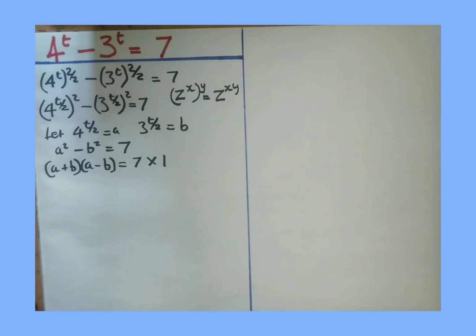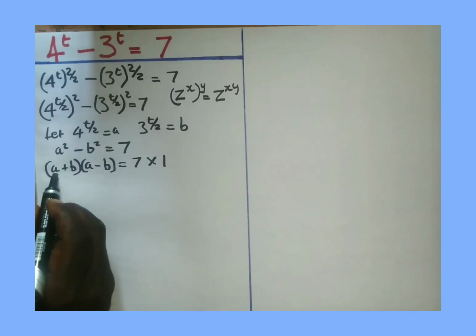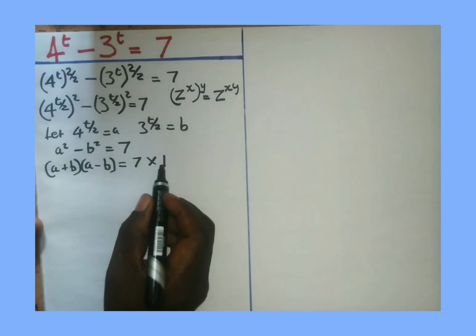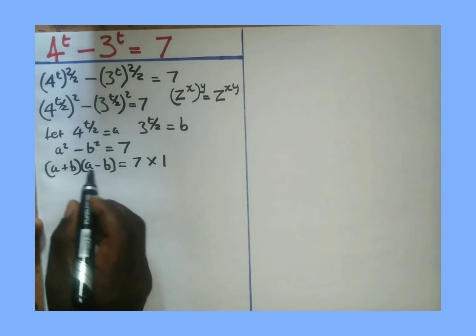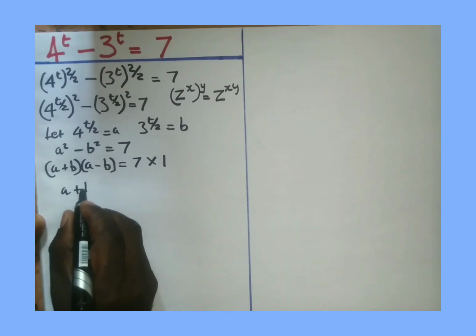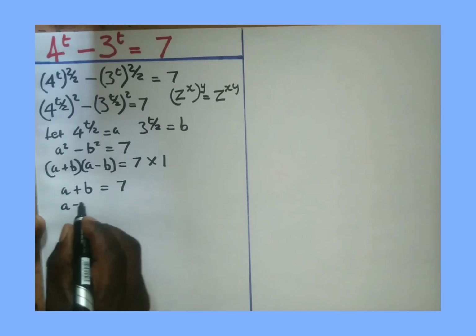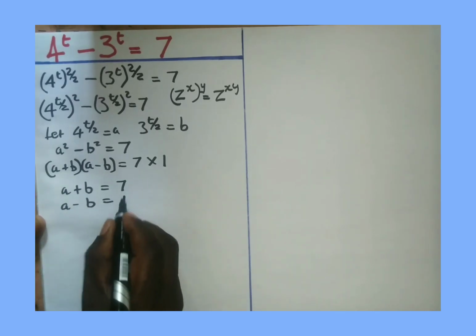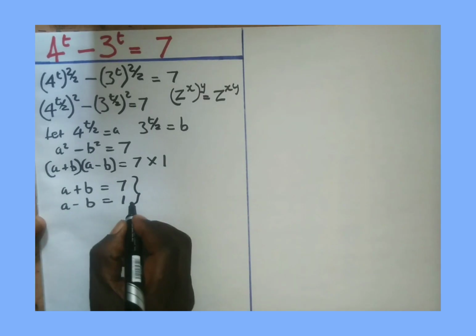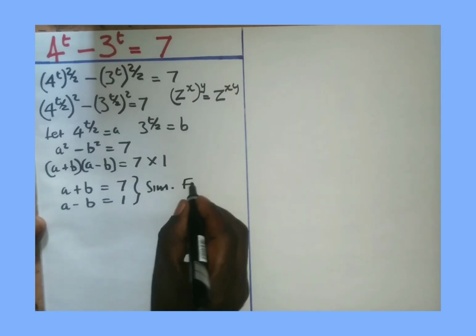So this means that we can construct two simultaneous equations: this 7 here must be equal to a plus b, and this one here must be equal to a minus b. So we can write a plus b is equal to 7, and a minus b is equal to 1. These are our simultaneous equations.